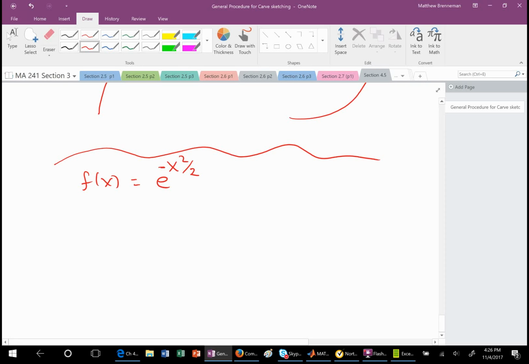You guys know what the bell-shaped curve is? This is the bell-shaped curve. I'm actually giving this away a little bit. This is what they call the probability density function for the standard normal distribution, which in my line of work is the most important function there is. If you do any sort of statistics or probability theory, it's the main function.